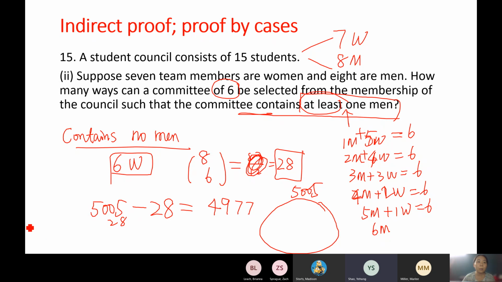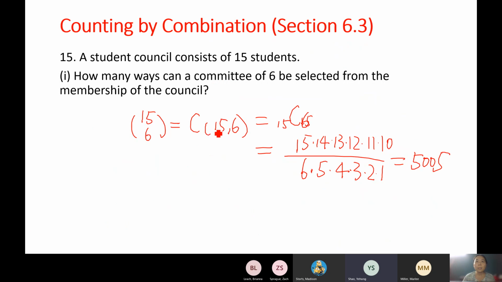What is that, 15 choose 6? Does anybody have an answer for this? Let me reduce. Times 7, so it's going to be a big number.